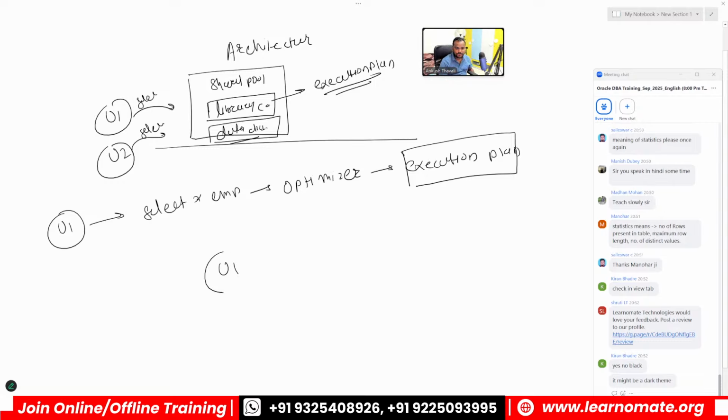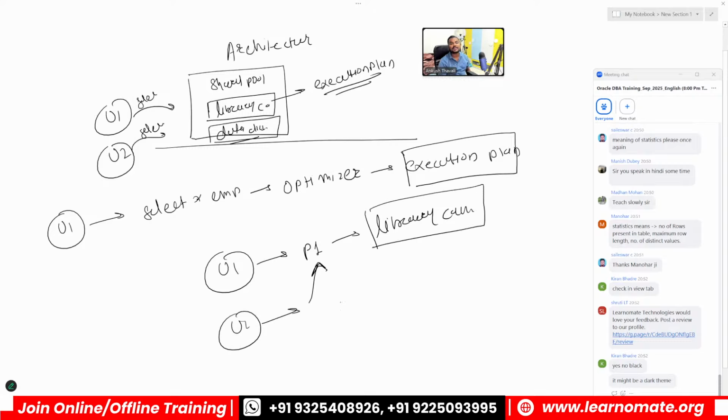When the user runs it for the first time, it creates plan number 1 that is stored under the library cache. If user 2 runs the same command, he will use the same execution plan which is available under the library cache. He will not create a new plan.